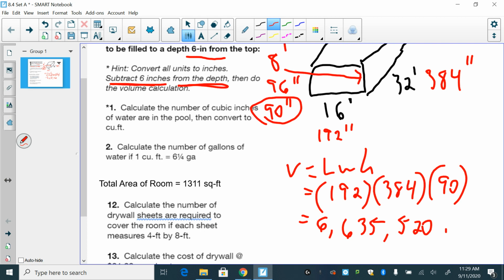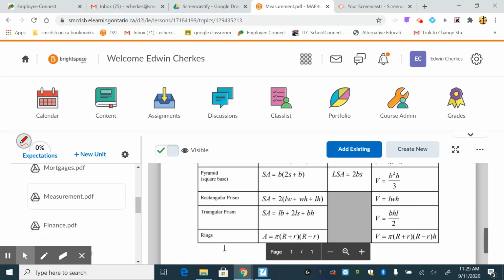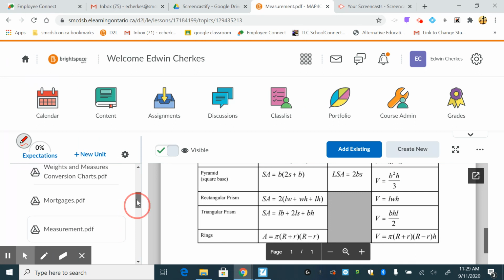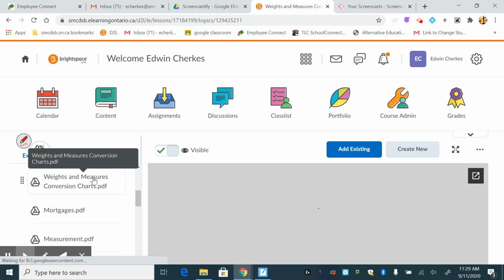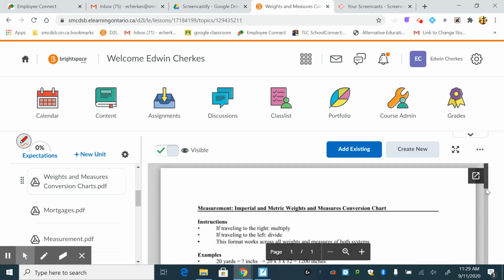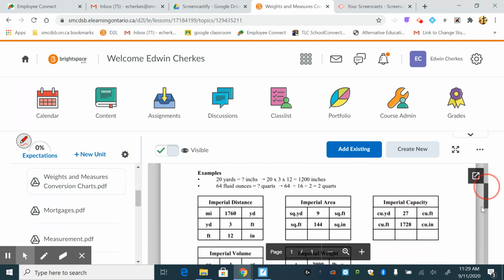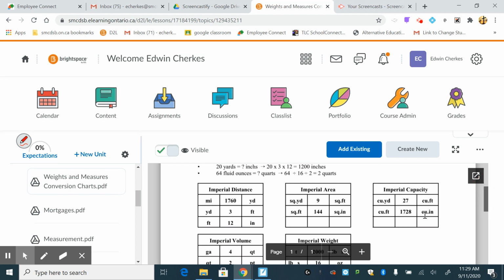So you have inches cubed, and we want it in cubic feet. So we've got to go to our conversion. So go to our formula package, go to the conversion charts. And now we're doing volume. So we're looking for the volume section. So that's this box here, cubic inches to cubic feet. 1728 is what we're going to be using.